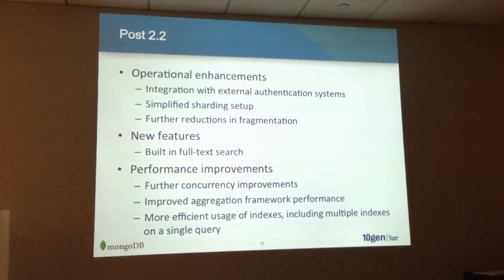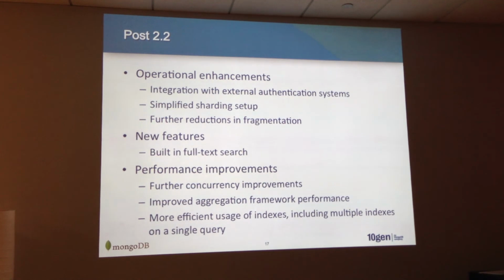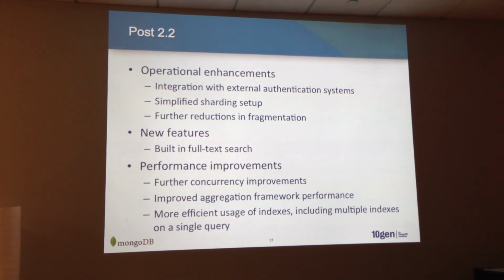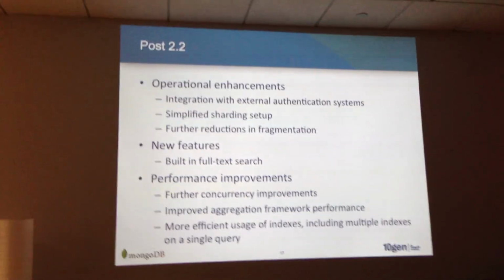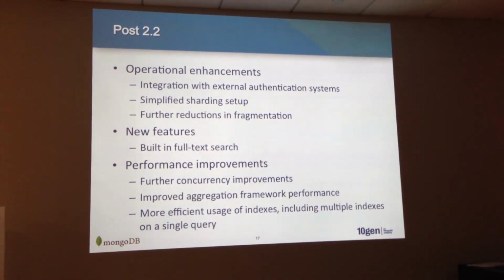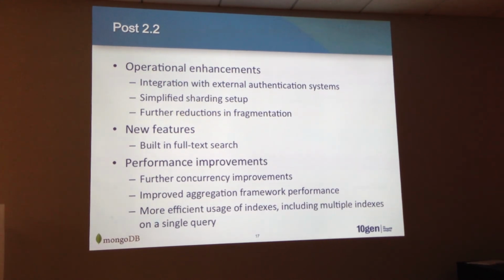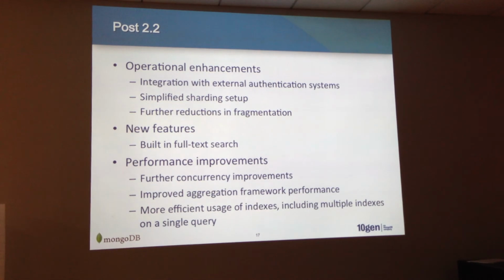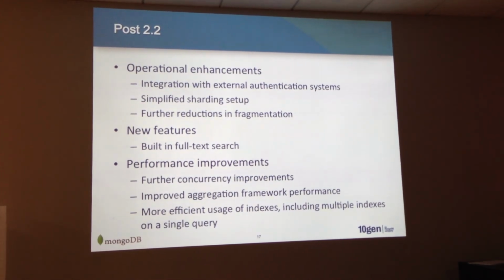What's next after 2.2, meaning 2.4: we want to integrate with external authentication systems, LDAP and so on. A lot of people want that, even though typically you should only have a few users for your database, and it's better to handle user authentication as a separate API within your API layer rather than in Mongo.